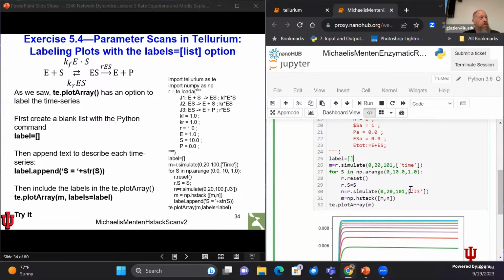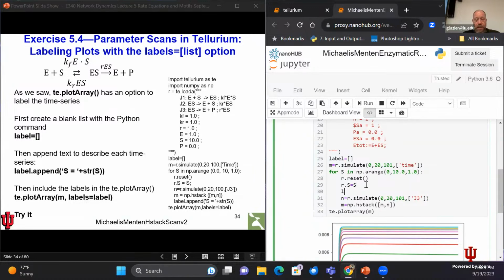And so each time I run my simulation, I can do it here. When I create the value of S, I can say label dot append. That's how I add things to a list. And I'm going to add S equals.